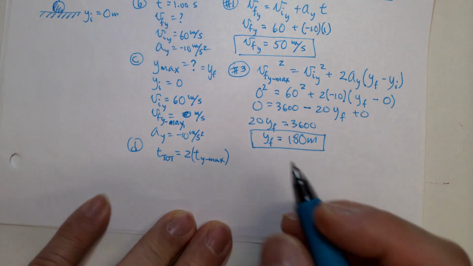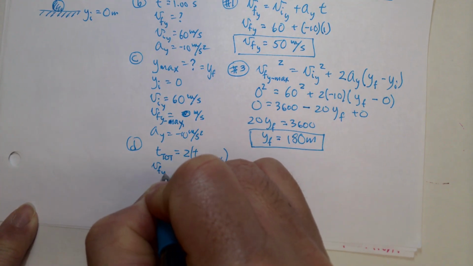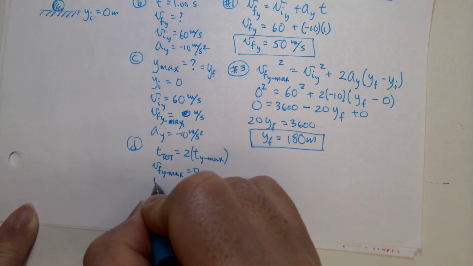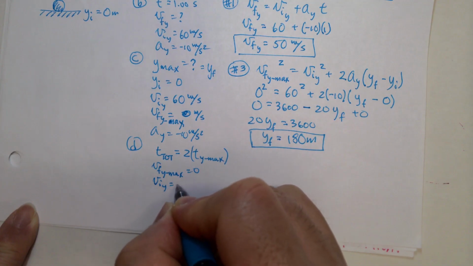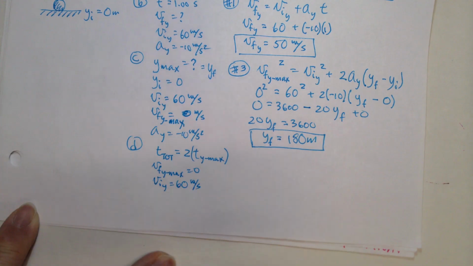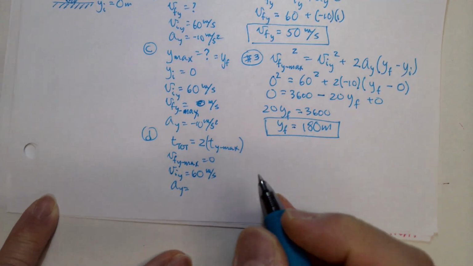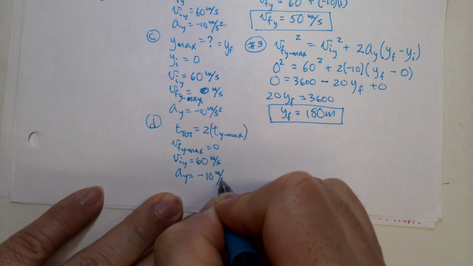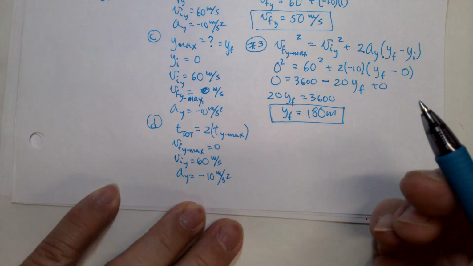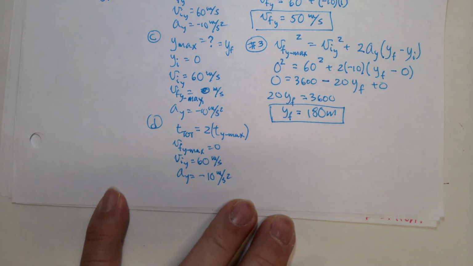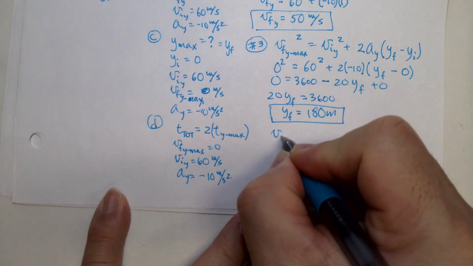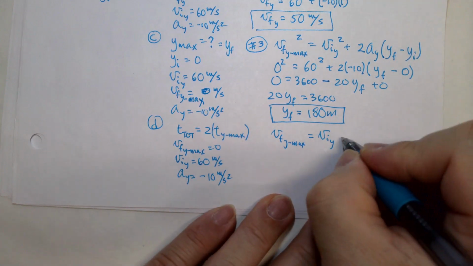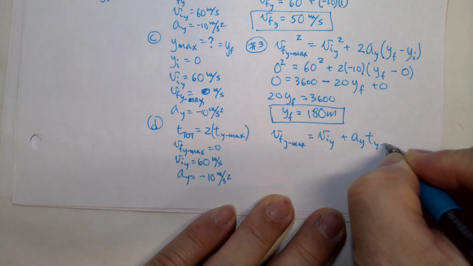Alright? So we know my VFY max is 0. We already know that. We also know VIY is equal to 60 meters per second. And I know A sub y is equal to, what's my A sub y? Negative 10 meters per second squared. So it looks like I can use equation number 1, which is VFY max is equal to VIY plus A sub y times Ty max.